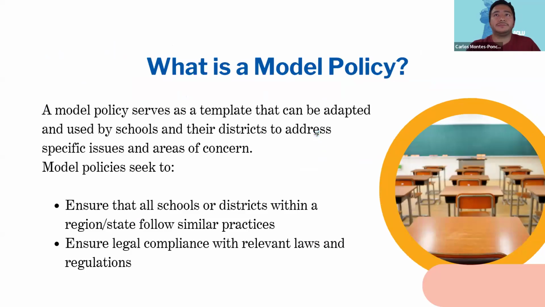All right, so one unique thing about AB 699 was that it created model policies by the California Attorney General's office, which are intended to help school officials form practical plans on how to protect the rights of immigrant students and their families.